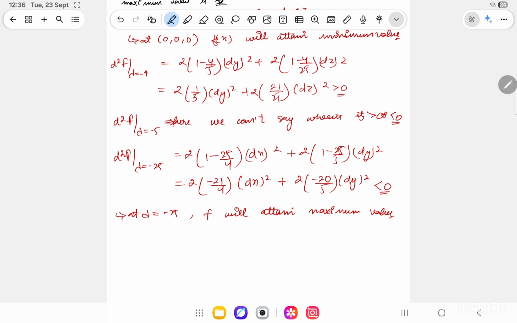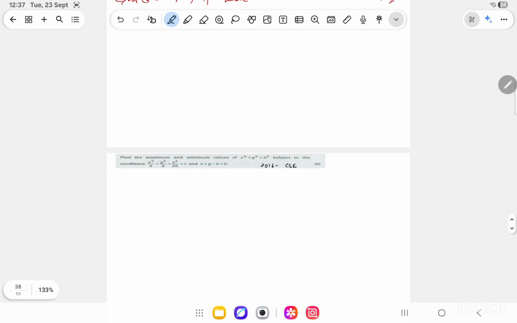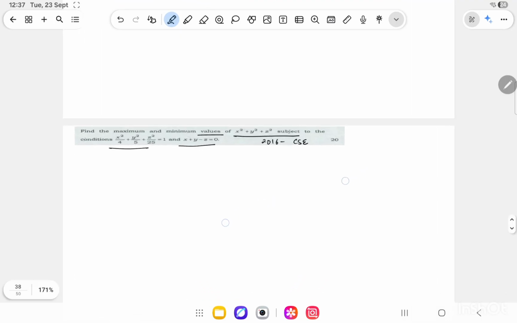Now let's move on to the next question. The next question says find the maximum and minimum value of this subject to these conditions. We have done its general case, where we maximize its value with respect to the condition x square by a square plus y square by b square plus z square by c square equals 1, and another condition lx plus my plus nz equals to 0.